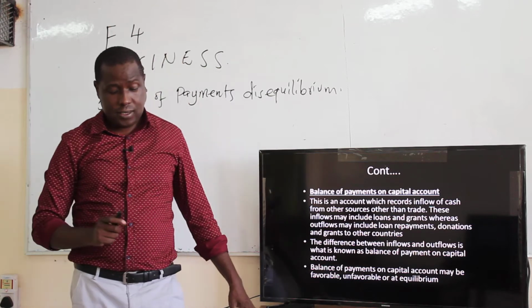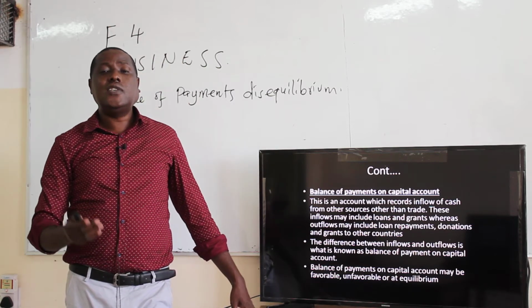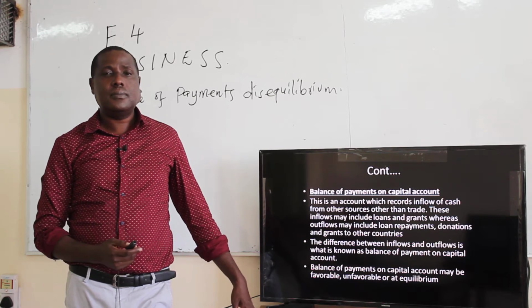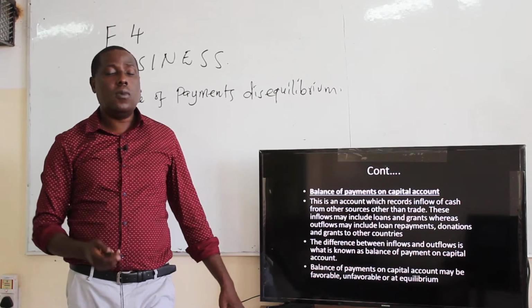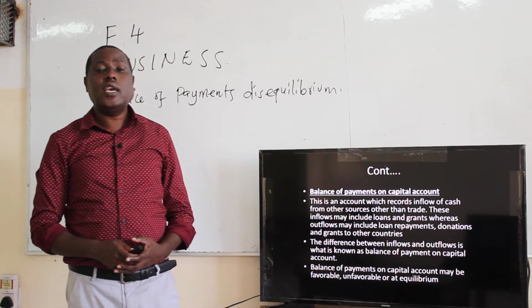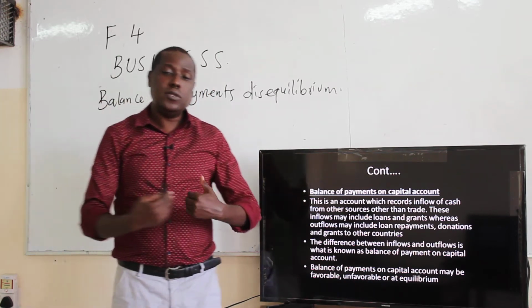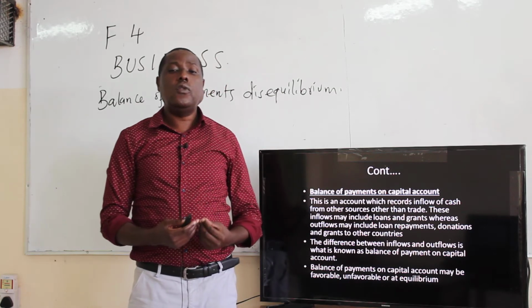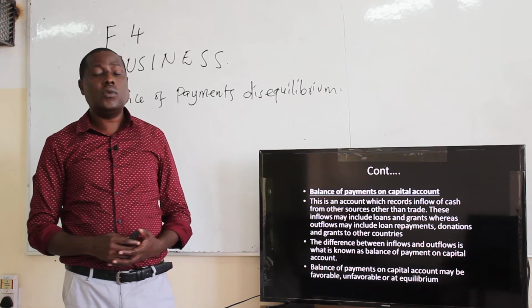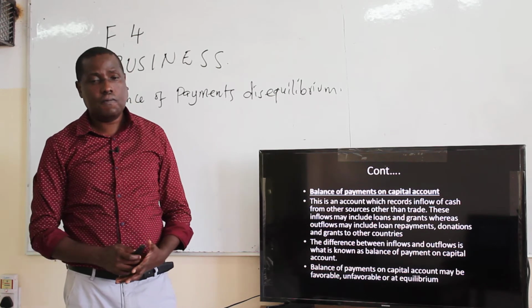So here, class, we are saying apart from the normal business of export and import trade, we have cases where money comes into the country. We call this cash inflow, or money goes out of the country. We call that cash outflow.